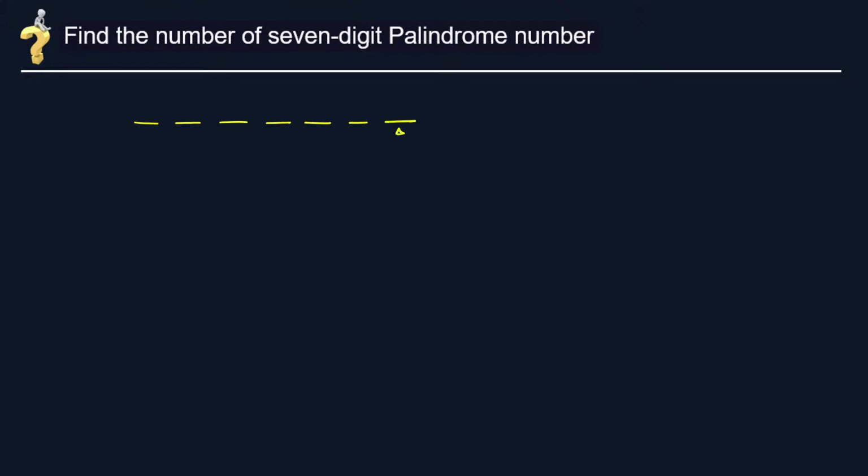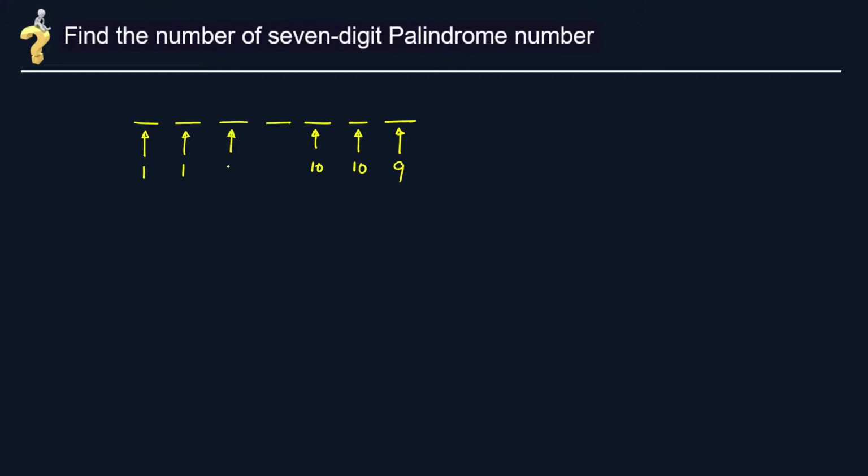So by the same argument, this place can be filled in 9 different ways. 0 cannot come. So this place can be filled in only one different way. This place, I don't have any objection even if 0 comes. So this place can be filled in 10 different ways. So this place can be filled in one different way. This place can be filled in 10 different ways again.